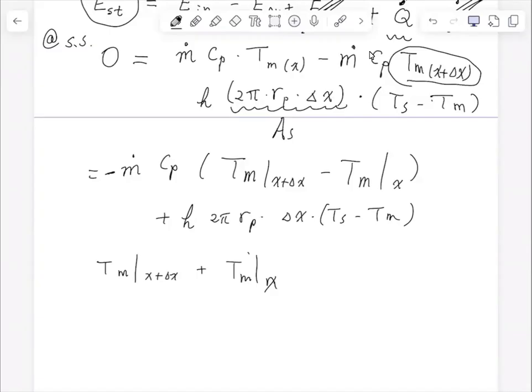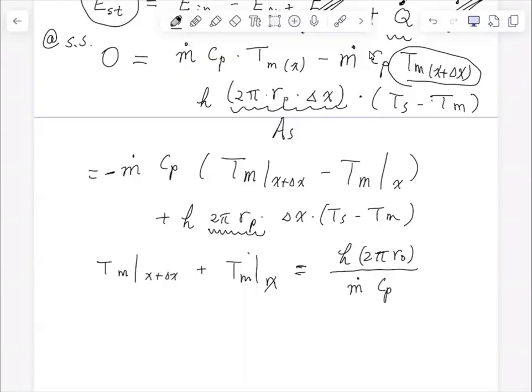And then that I moved to the left side already, that equals to here, h 2 pi R. This is the perimeter of the pipe, okay? And then divided by m Cp.